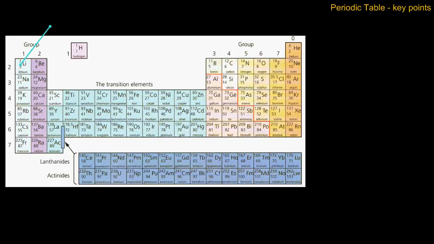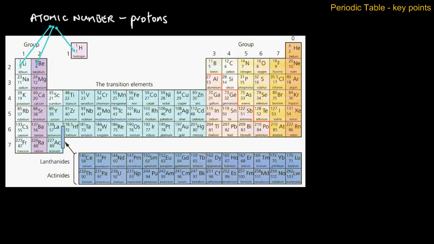So 3 for lithium, 4 for beryllium, just 1 for hydrogen, and this is called the atomic number. And it tells you the number of protons in each neutral atom.